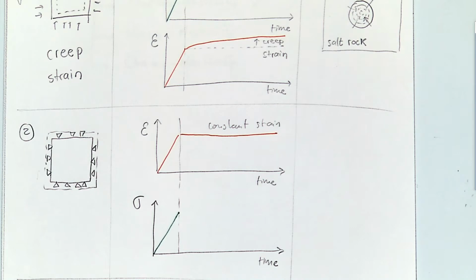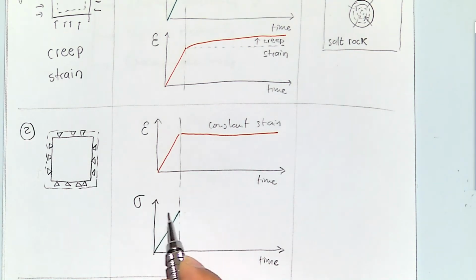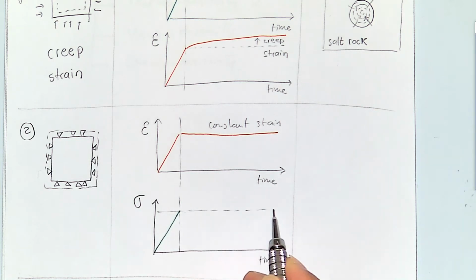So what do you think is going to happen with stress? There are three options. It increases, stays constant, or it decreases. Let me draw here the horizontal version.